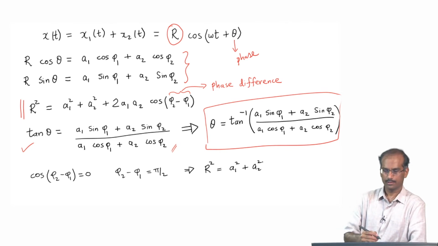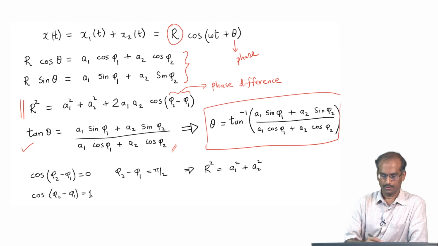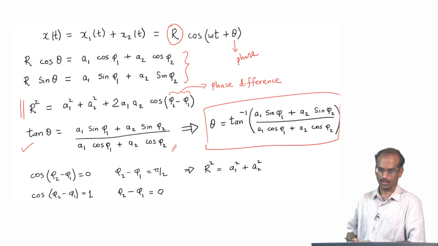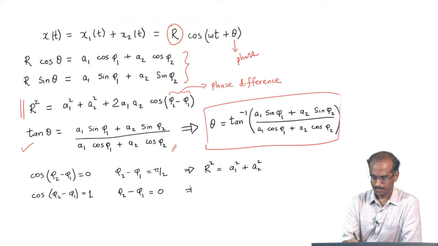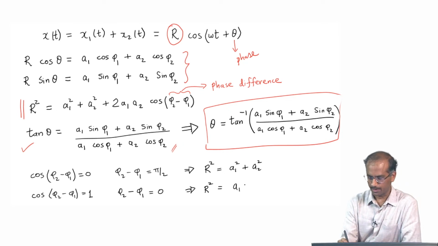On the other hand, let me consider another case for which cos(phi 2 minus phi 1) is equal to 1. This would happen if the phases were exactly the same, so phi 2 minus phi 1 is equal to 0. In that case, r square would simply be equal to A1 square plus A2 square plus 2 A1 A2, that would be equal to (A1 plus A2) whole square.